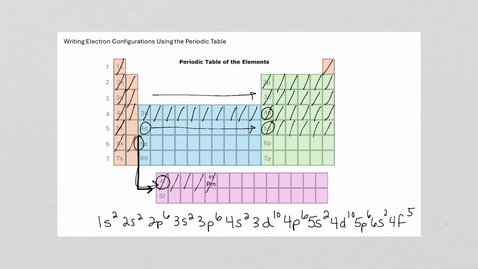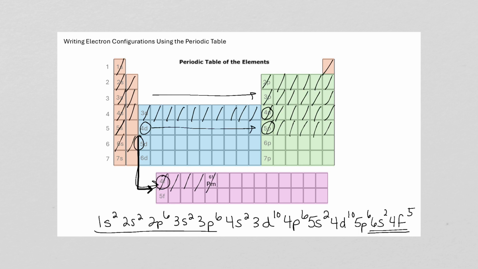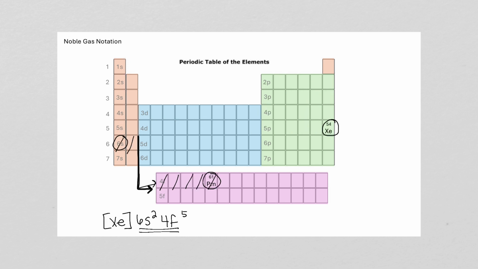You'll notice that the very end of the configuration here is what's showing in my shorthand notation, and xenon represents all of the electrons here. So instead of having to write all of those, this is my shorthand notation. Xenon just means the first 54 electrons in my configuration.